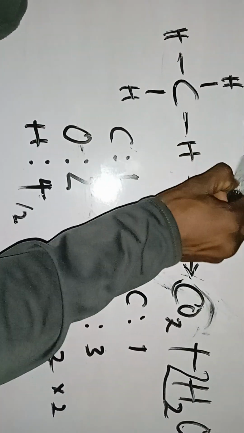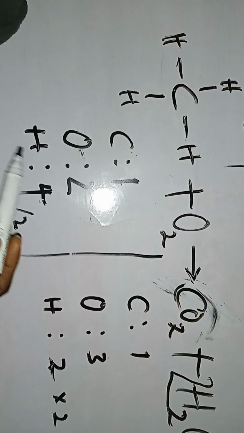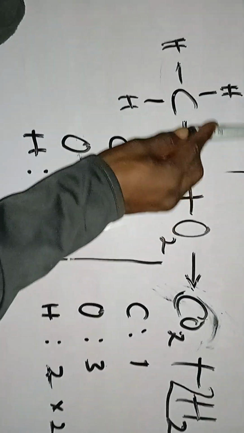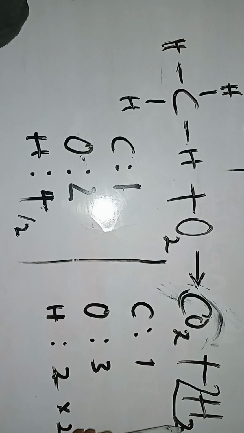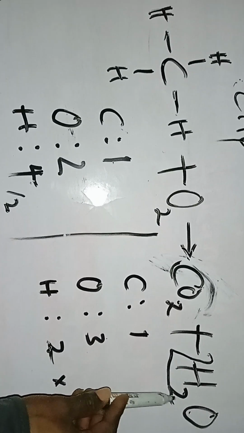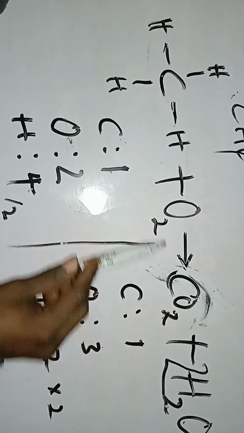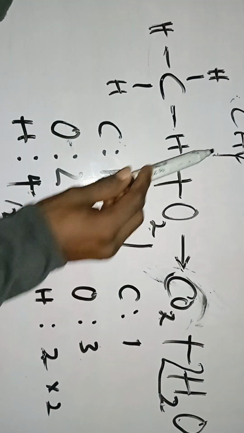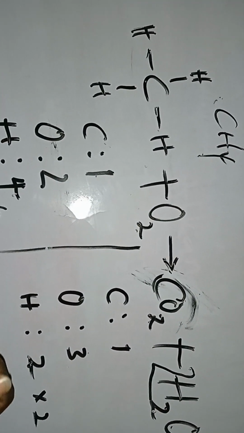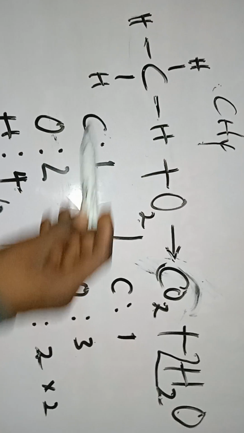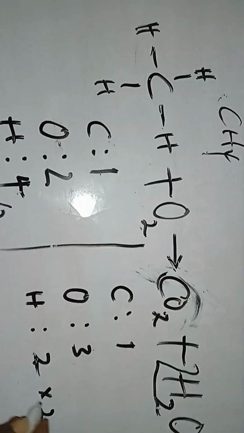You know that's condensed. This is CH4. You're allowed to put something here, but you can never put something on these subscripts. It comes naturally. So this is CH4.